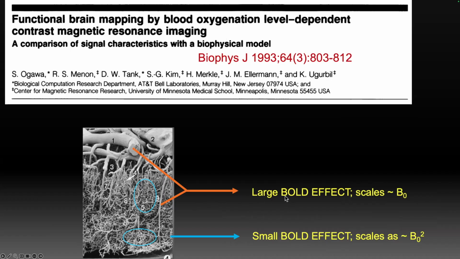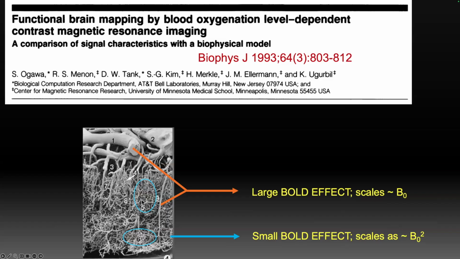For these large blood vessels, the Bold effect increases linearly with magnetic field, but we don't like these large blood vessel contributions. They're a confound. They degrade spatial precision, if you like. We like Bold effects coming from these small blood vessels, namely capillaries and postcapillary venules.